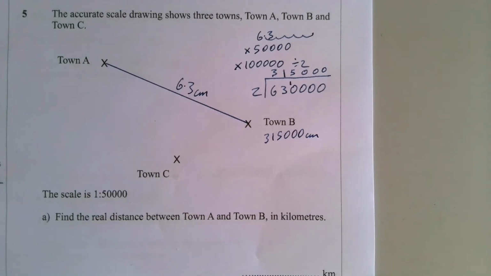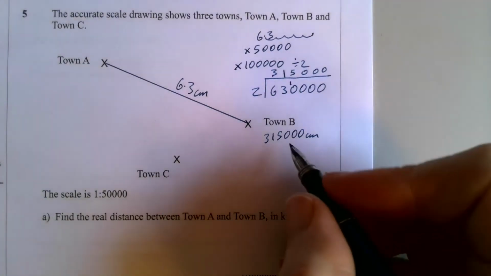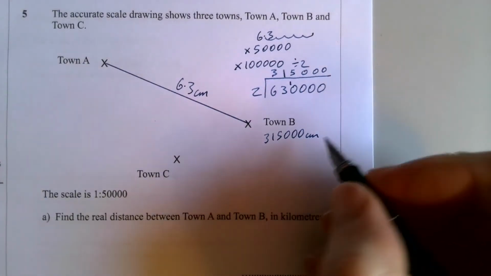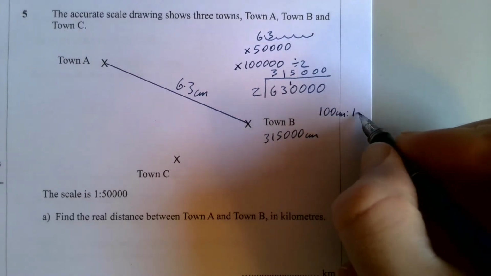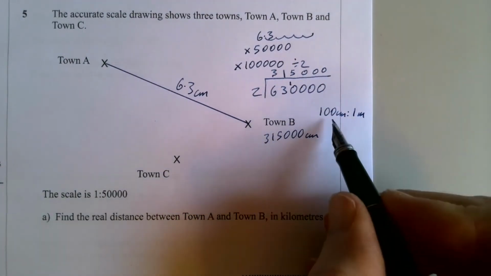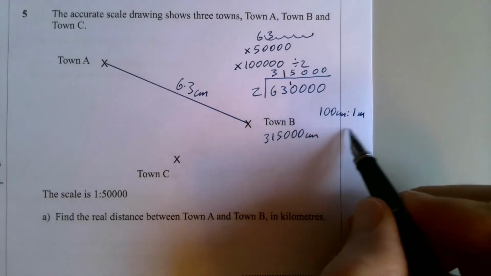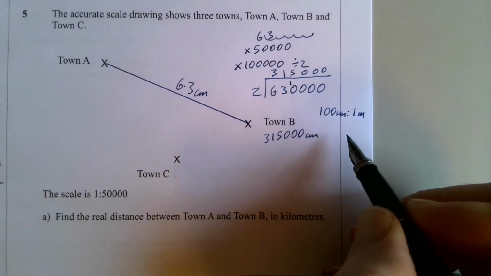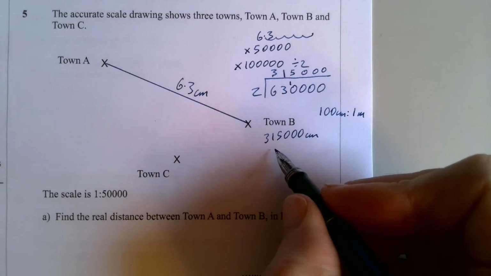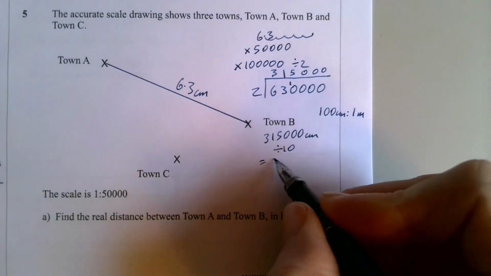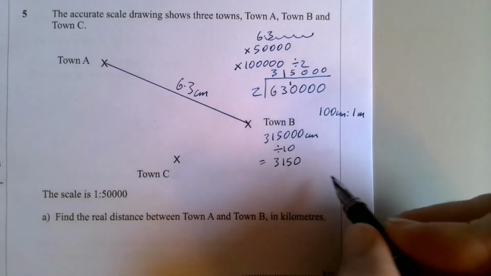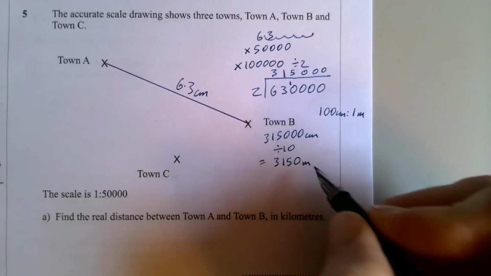Now I don't know off my head how to go straight from centimetres to kilometres, so I am going to go from centimetres to metres. 100 centimetres equals 1 metre. So because I need 100 in every one, I need to divide by 100. And that's going to knock 2 of those zeros off, isn't it? 3,150 metres.